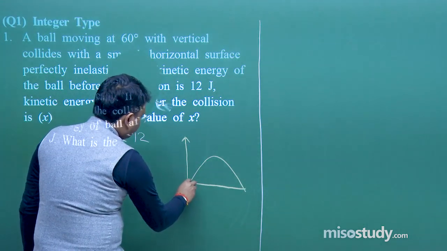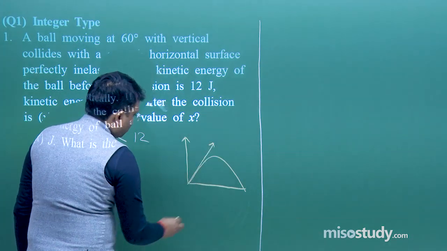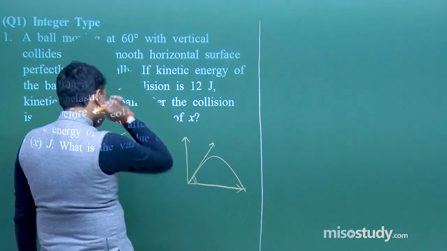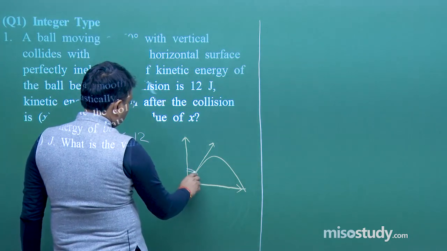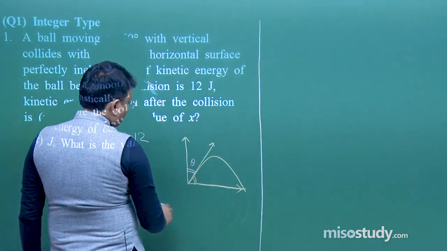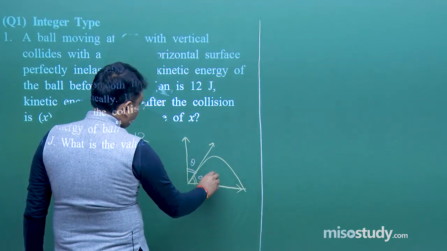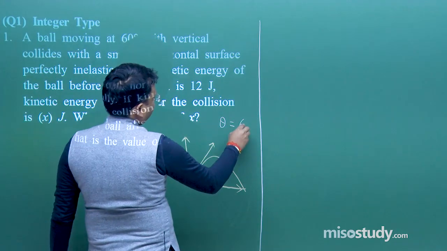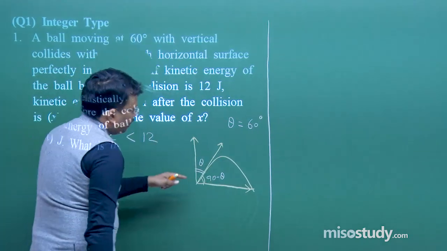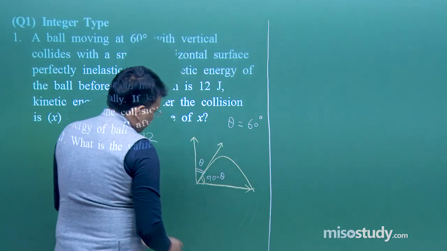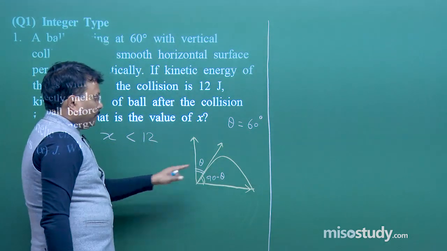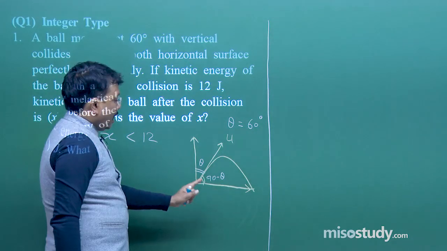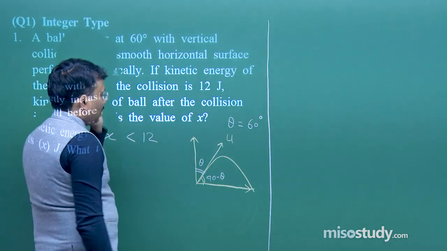This is 60 degree and this is 90 minus theta. Theta is equal to 60 degree, it is given, so obviously it is going to be 30 degree, fine. Let us say this is u, so this is going to be u cos theta and this is going to be u sin theta, fine.